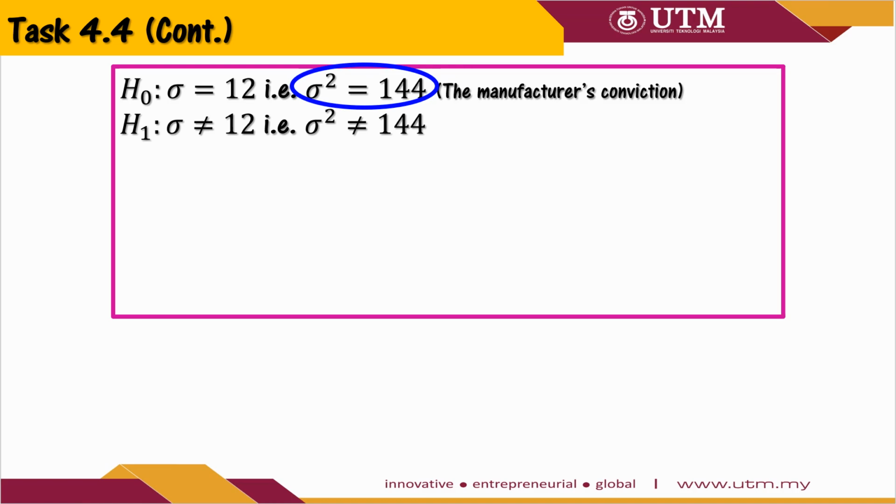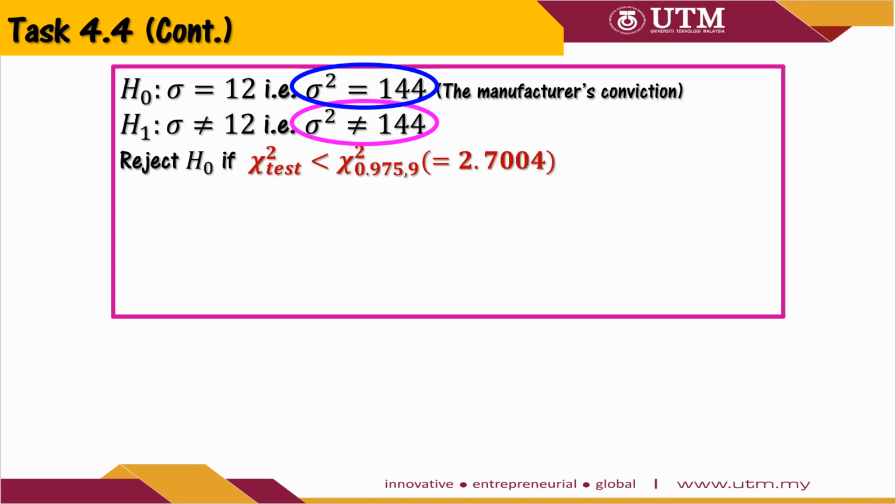Similarly, under H1, sigma different from 12 is equivalent to testing sigma squared different from 144. Consequently, the decision rule is reject H0 if the chi-squared test is less than the left-sided critical value, which is chi-squared 1 minus alpha over 2, nu, or if the chi-squared test is more than the right-sided critical value, which is chi-squared alpha over 2, nu.